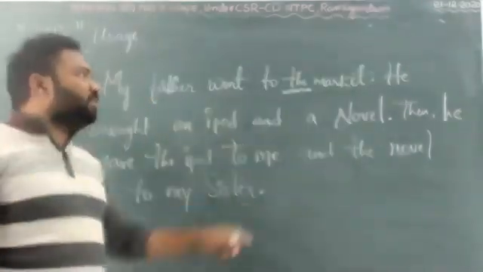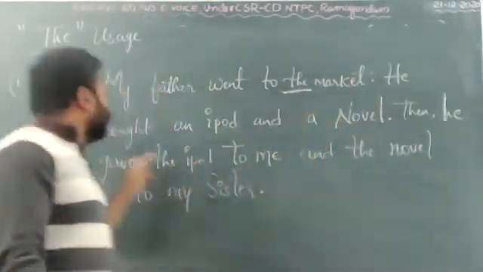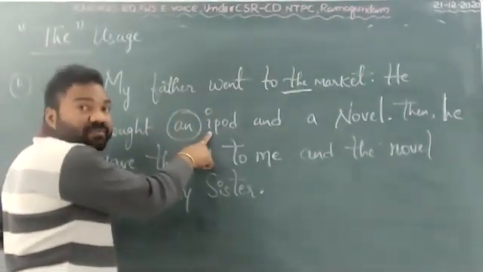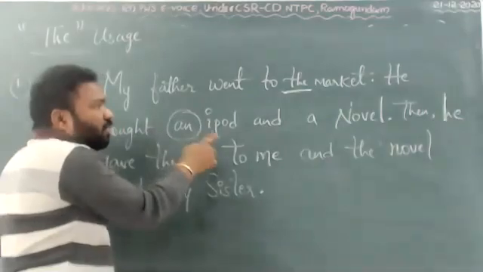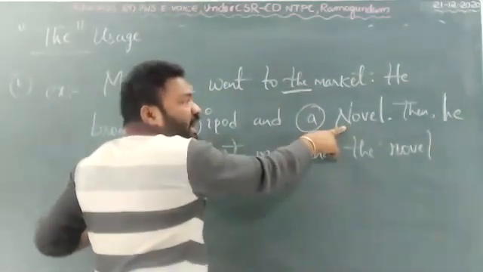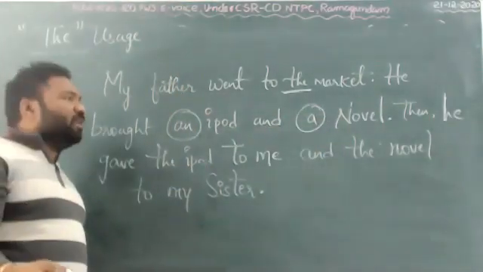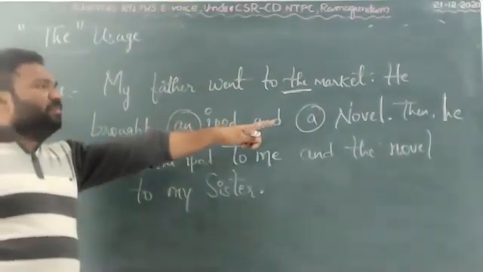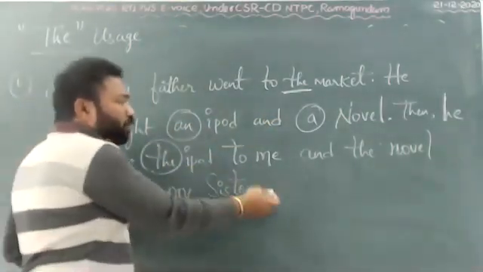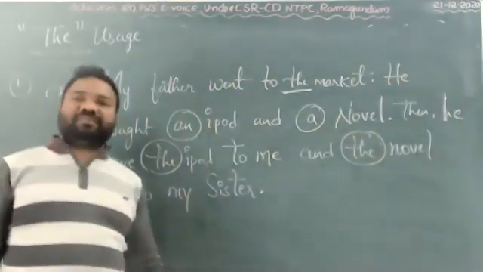Okay, so let's see that next. He brought an iPod. Listen, I is a vowel sound, and a novel, N sounds like a consonant, I sounds like a vowel. Then he gave the iPod to me and the novel to my sister.